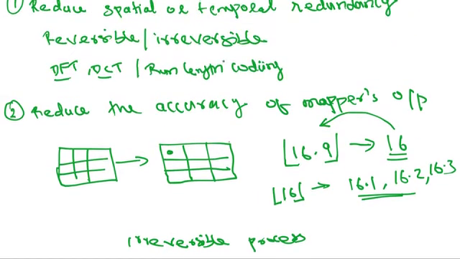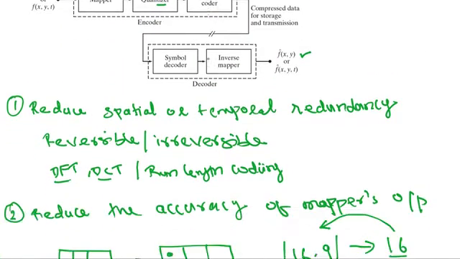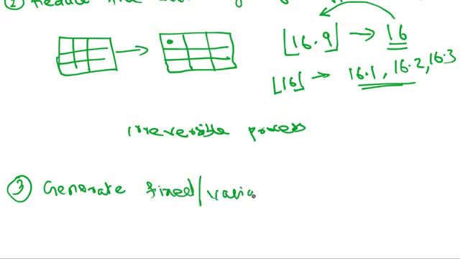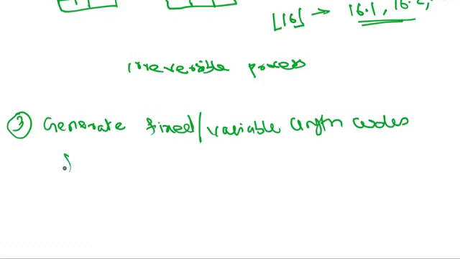Now the third stage in the compression process is the symbol coder. The purpose of a symbol coder is to generate fixed length or variable length codes for the quantizer's output.